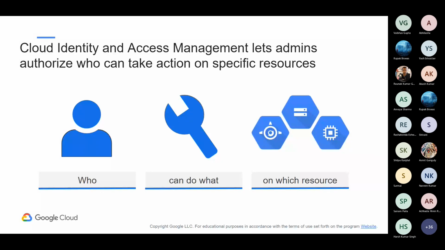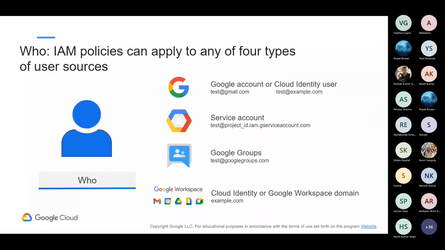There are identity and access management tools. Usually, you can create some rules or sections to specify who will be accessing which resources and which type of permission they can get, like edit permission, view permission, or delete permission. An IAM policy can be applied to any of four types of users. One is any Google account, like test@gmail.com.